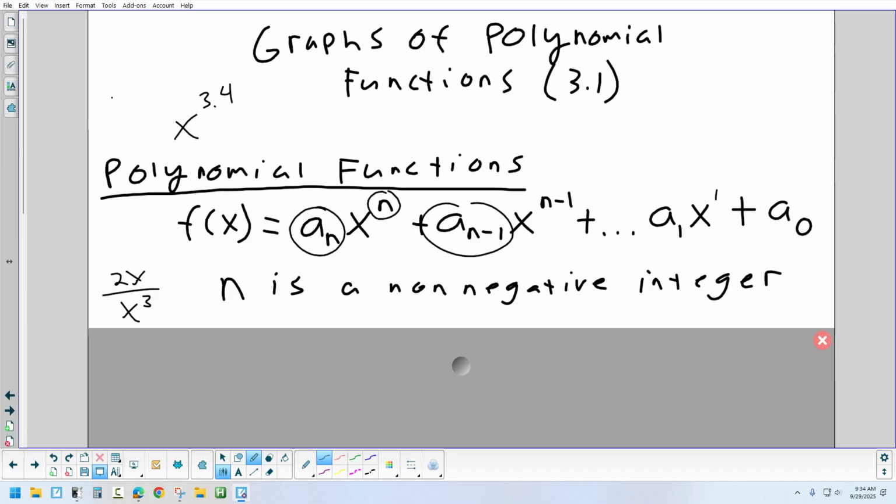Why not? Doesn't look like we have any integers there that are not negative for the exponents. Or do I? Why wouldn't that be a polynomial?